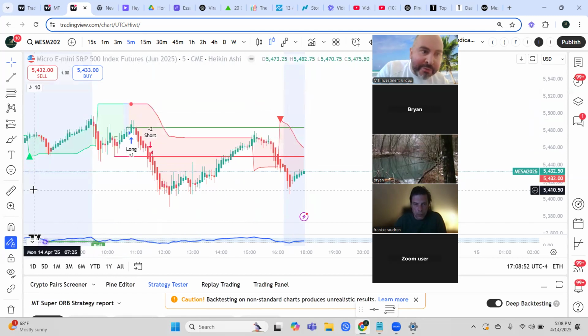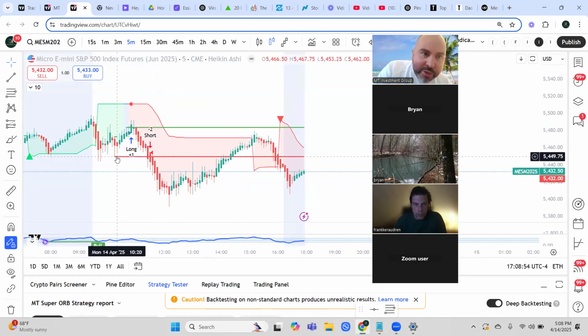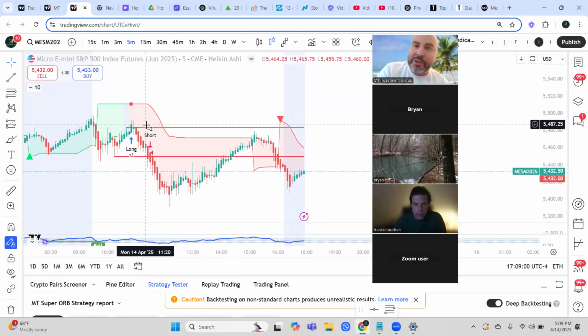Yes, 9:15 and 9:45. The green line here, when it breaks out over this green line, you're entering into a bullish position. So when we're over 5,400, or 540 on SPY, then we're bullish.